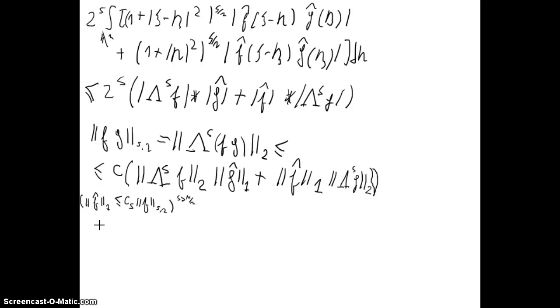So knowing that, we can say that the norm of fg in H^s is less than or equal to a constant C_s. Let's suppose now that we have another variable, let's call it r, greater than n over 2.